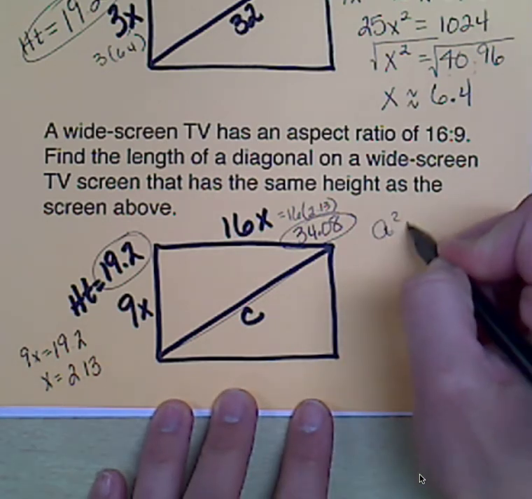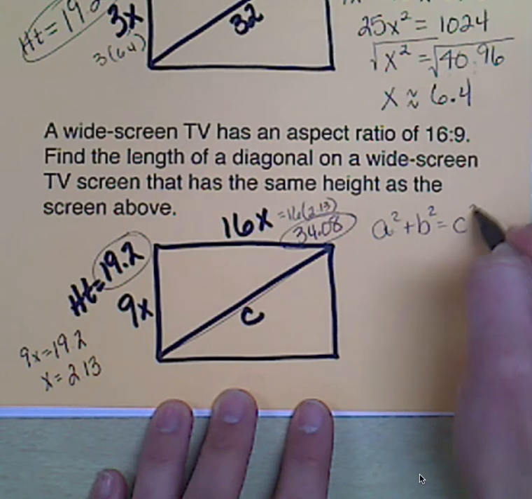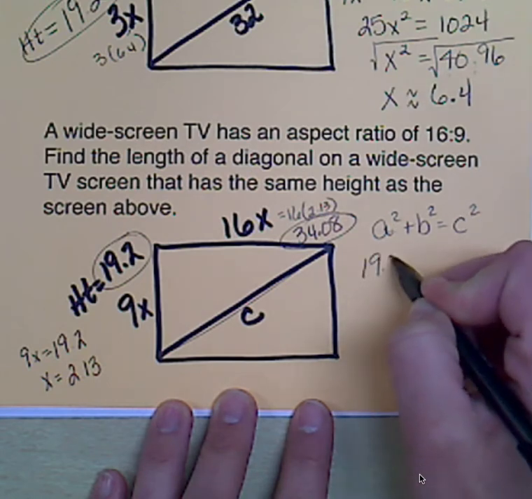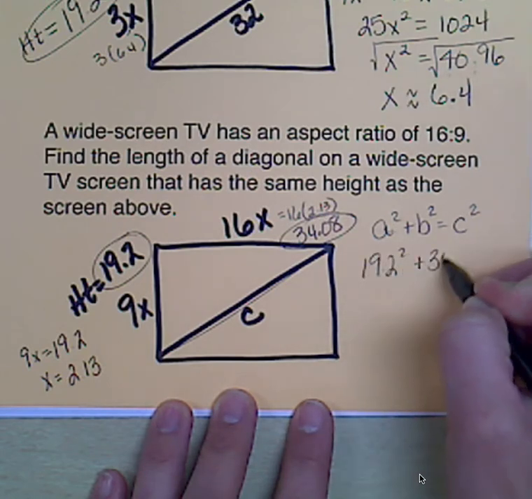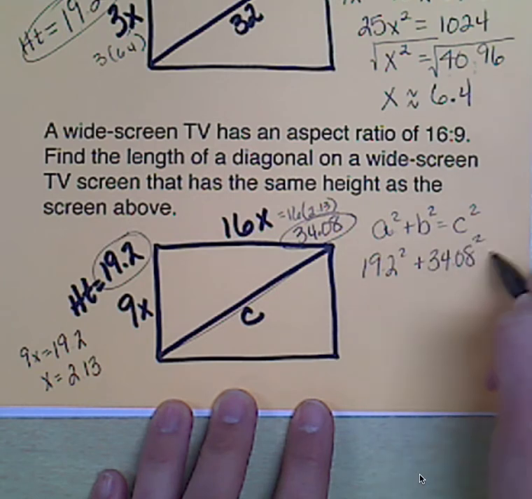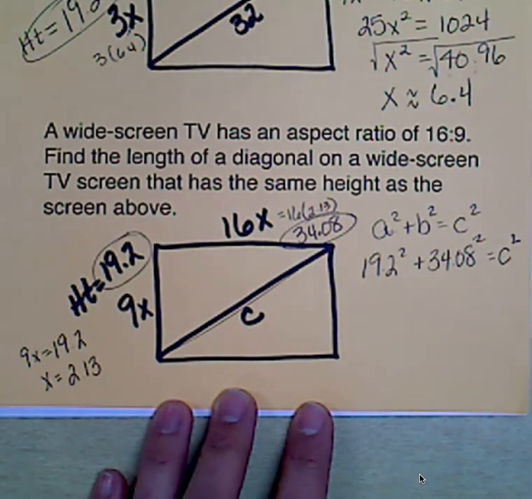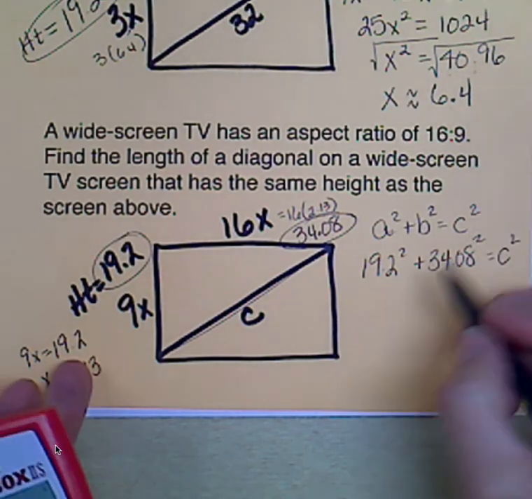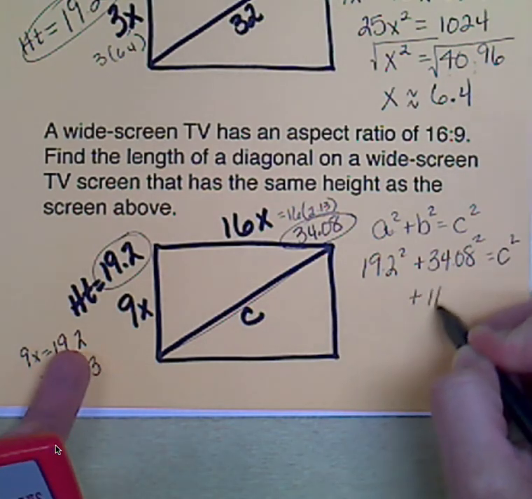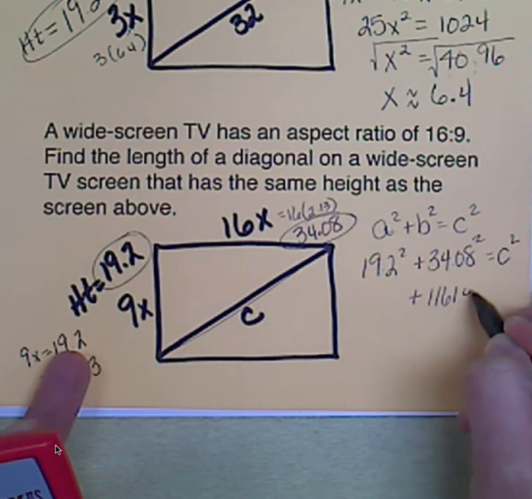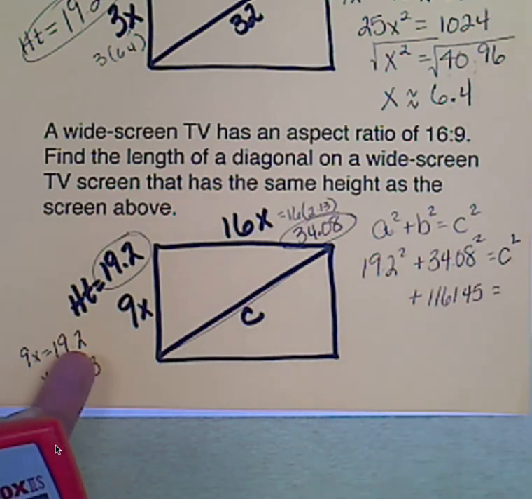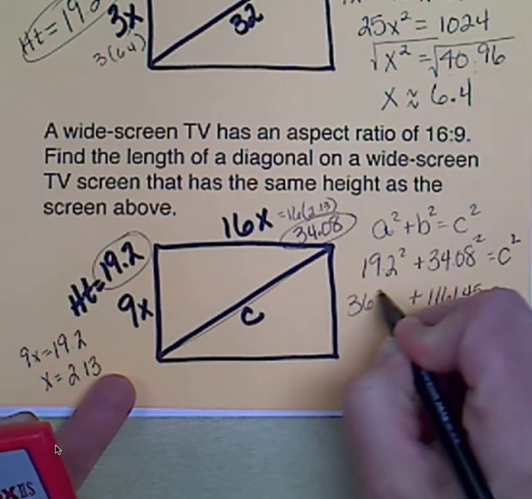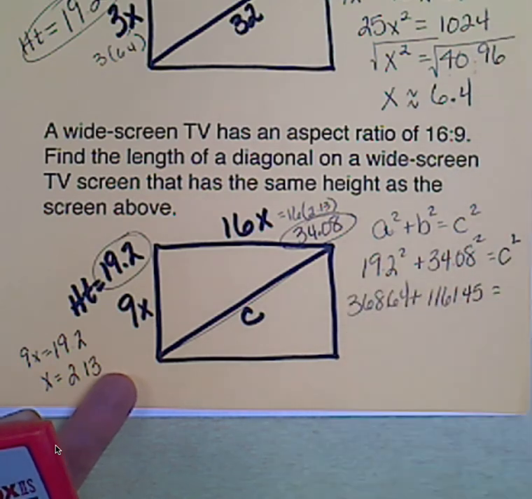So again, a squared plus b squared equals c squared. 19.2 squared plus 34.08 squared equals c squared. You have no choice. You have to use your calculator here. Squaring this number is 1161.45. 19.2 squared is 368.64.